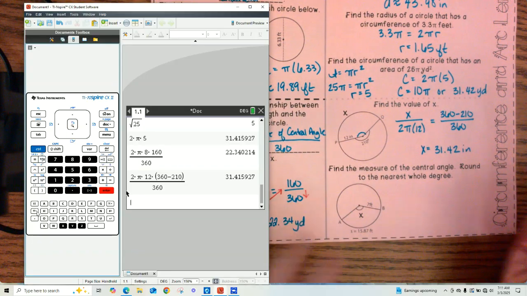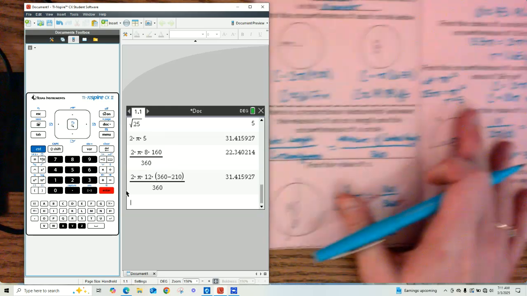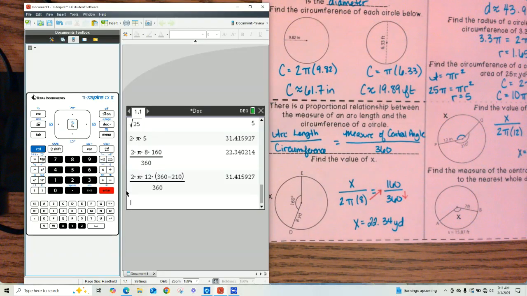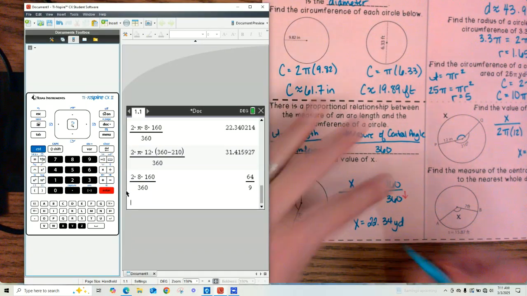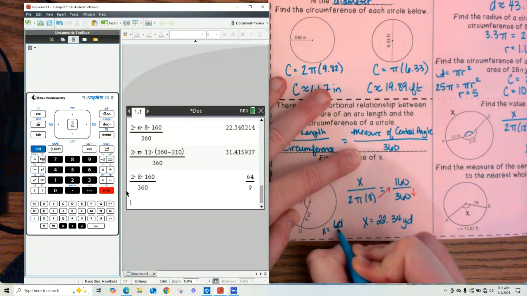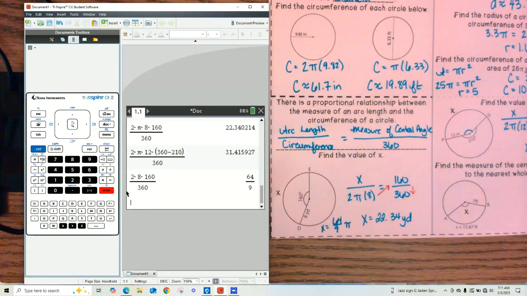We can also answer these in terms of pi. How do we do that? I'm going to go back to this first one. I leave the pi out of the situation. I'm going to do 2 times 8, do that in parentheses, and then times 160, and then divide by 360. And I get a fraction, but for x here, I can just write that fraction and tack the pi onto it.